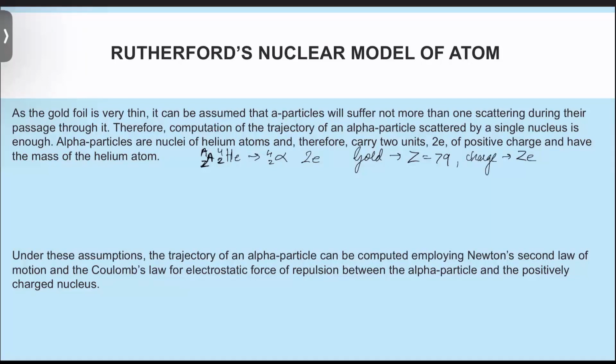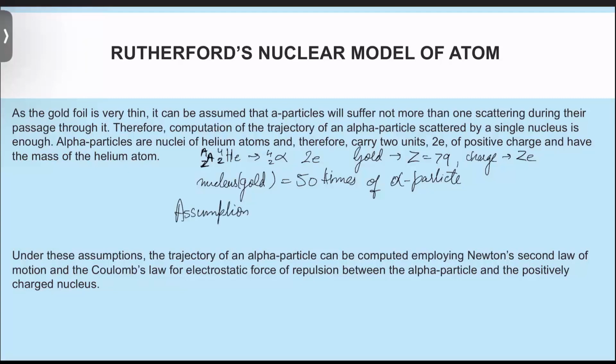So we can see that the nucleus of gold has about 40 times the charge of the alpha particle. Then we can assume that the gold nucleus remains stationary throughout the scattering process. And if we assume this, this is what we are assuming.